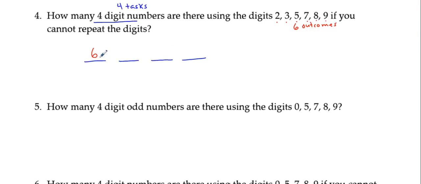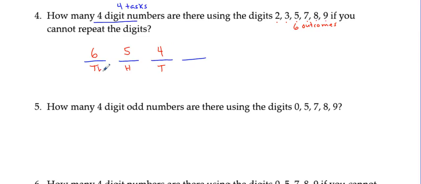Now, once you have chosen a number to go in the thousands, and you cannot repeat the digits, that means in the hundreds position, now you only have 5 possibilities because you can't repeat the digits. So if you use the 7 for the thousands, you now can't use that for the hundreds. For the tens digit, now there's only 4 possible outcomes.